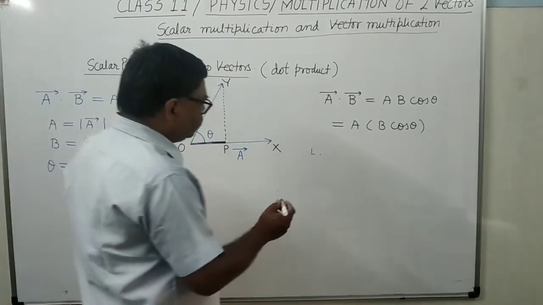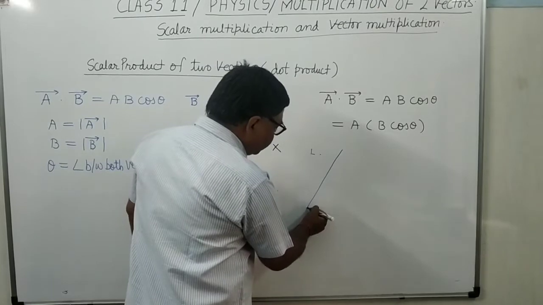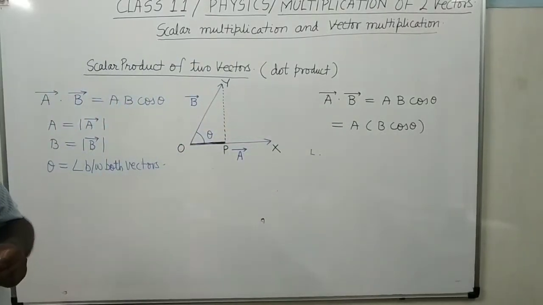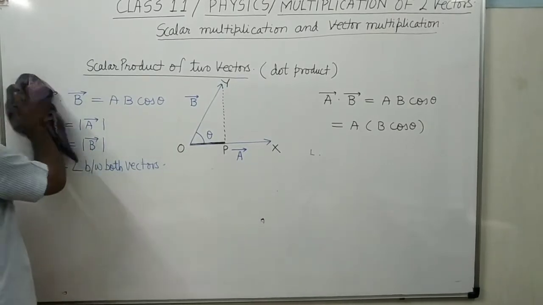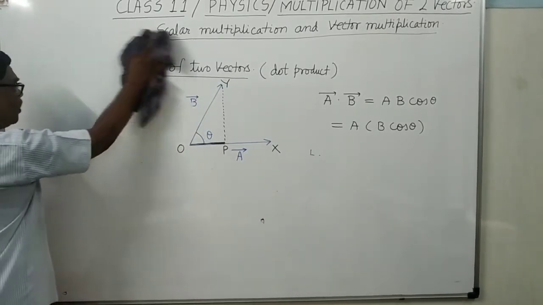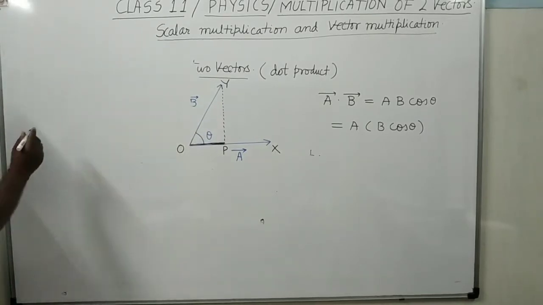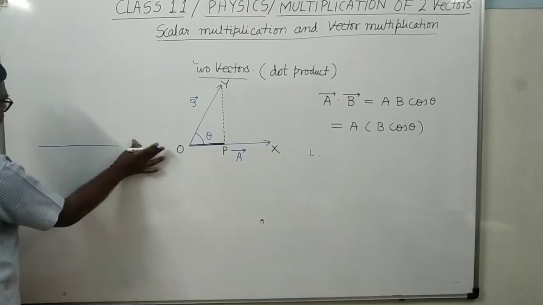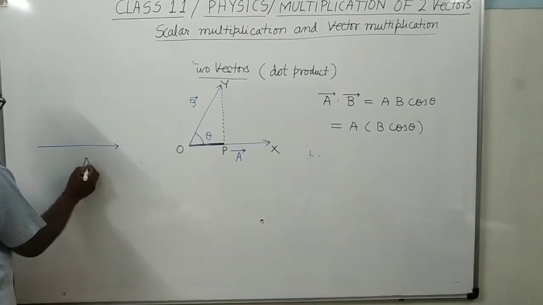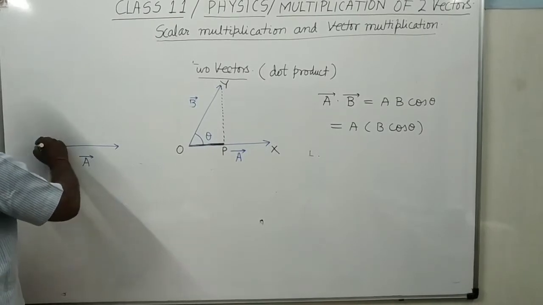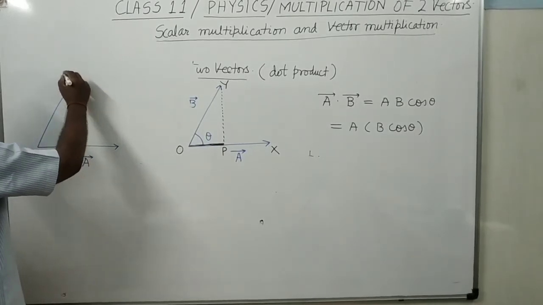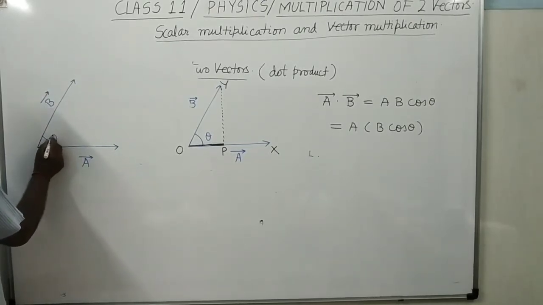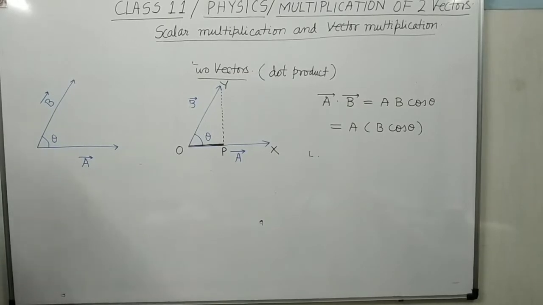Now you can see it in the other way also. This is the vector A, and this is the vector B acting at an angle theta. Now what will be the component of vector A in the direction of vector B?